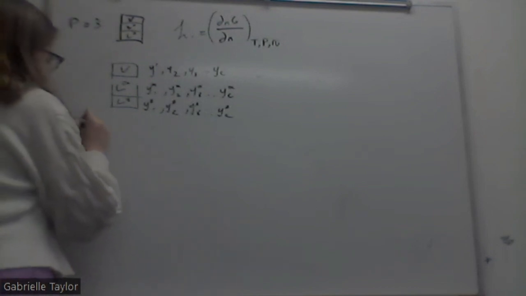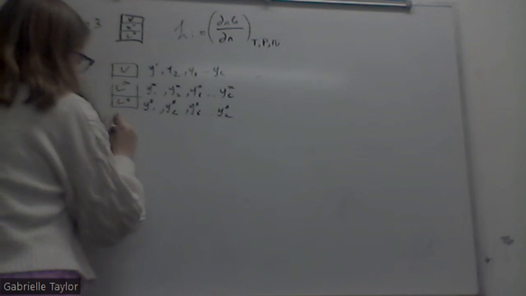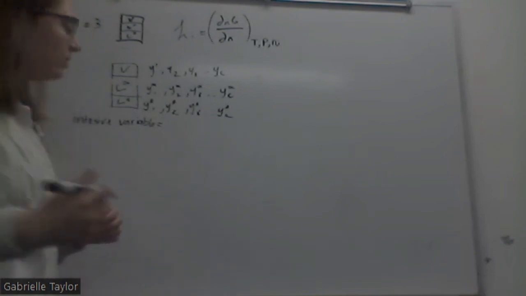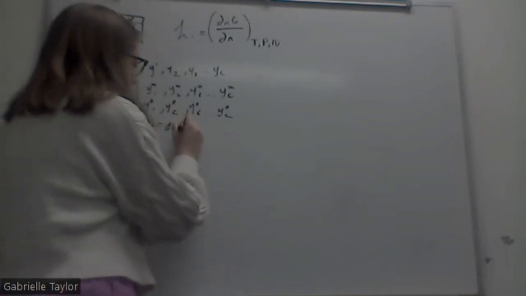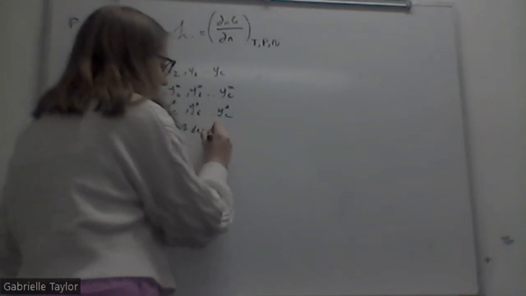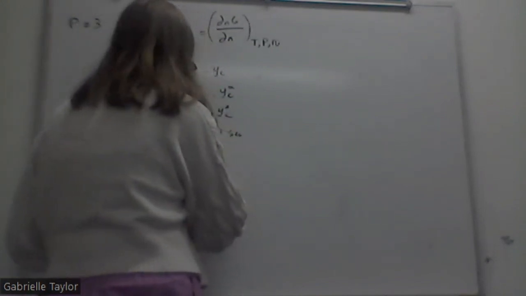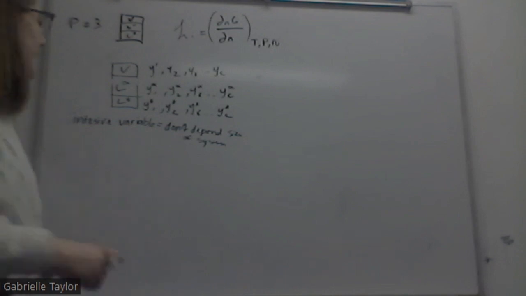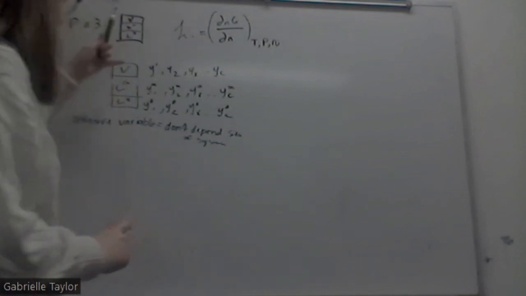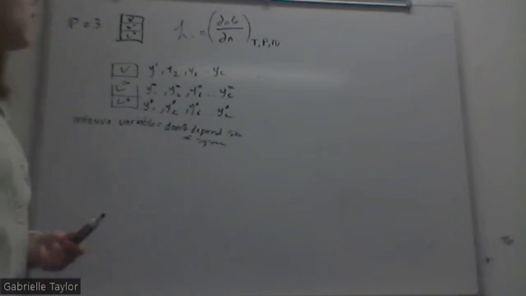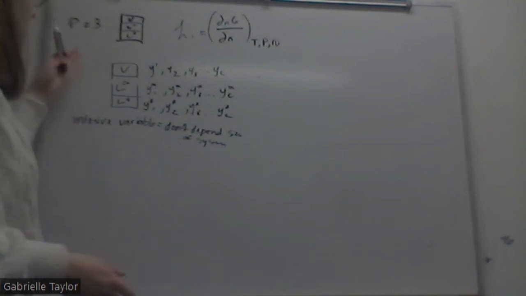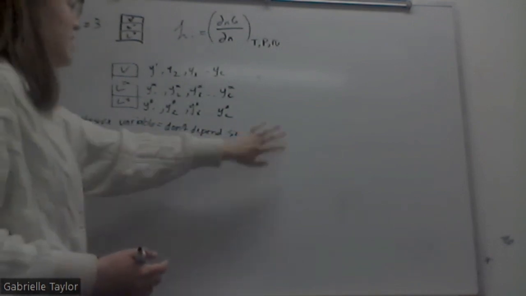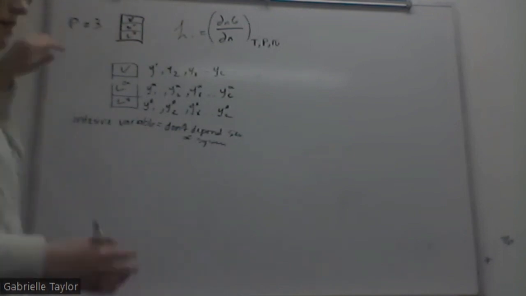Intensive variables are variables that don't depend on the size of the system. So these partials don't depend on how big the system is, they just depend on the properties of the phases, because there's a component for each phase.